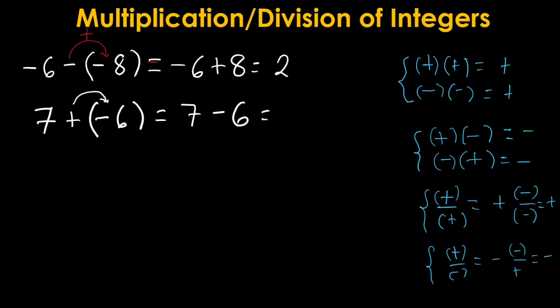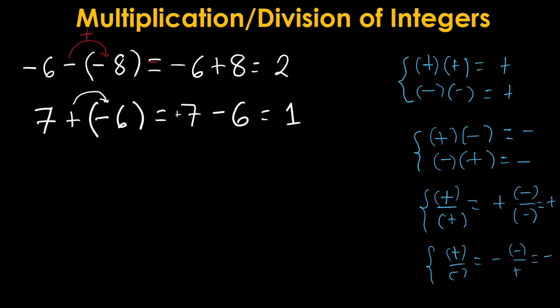So that's 7 minus 6, or just simply think about the cash of 7 and debt of 6, and you will have a cash of 1 left.